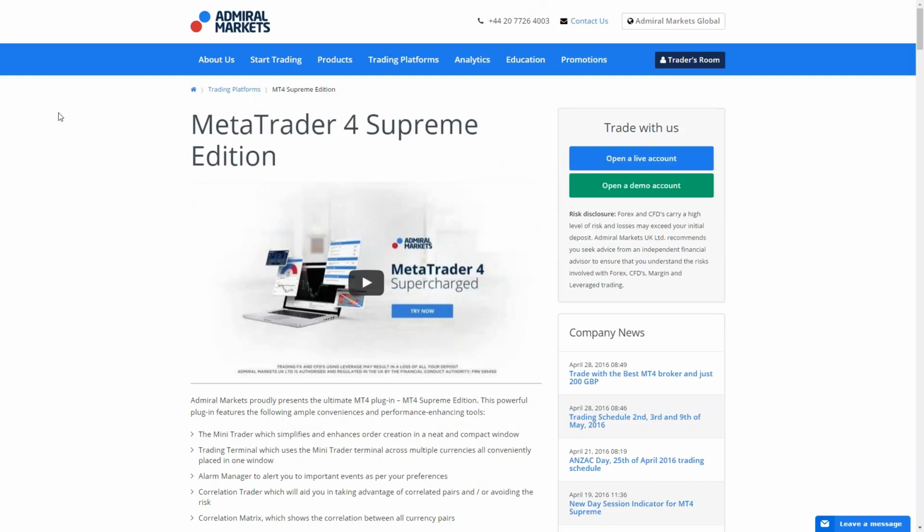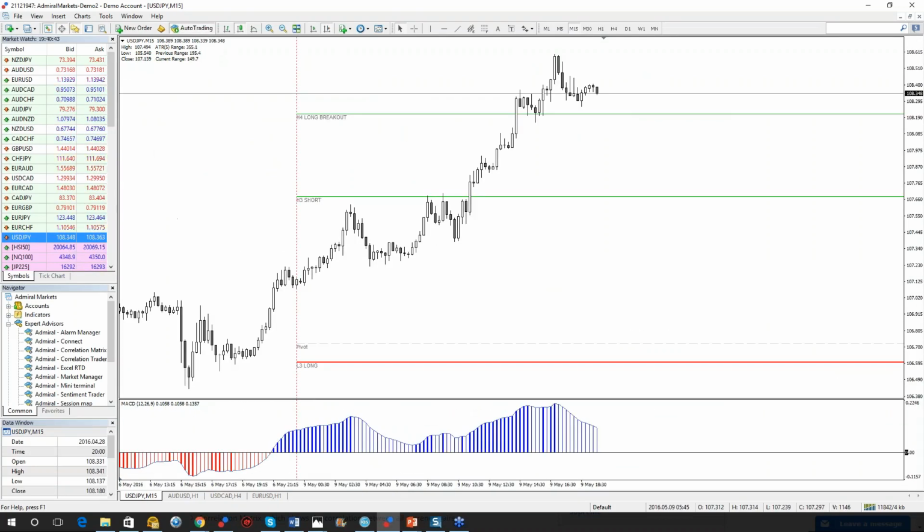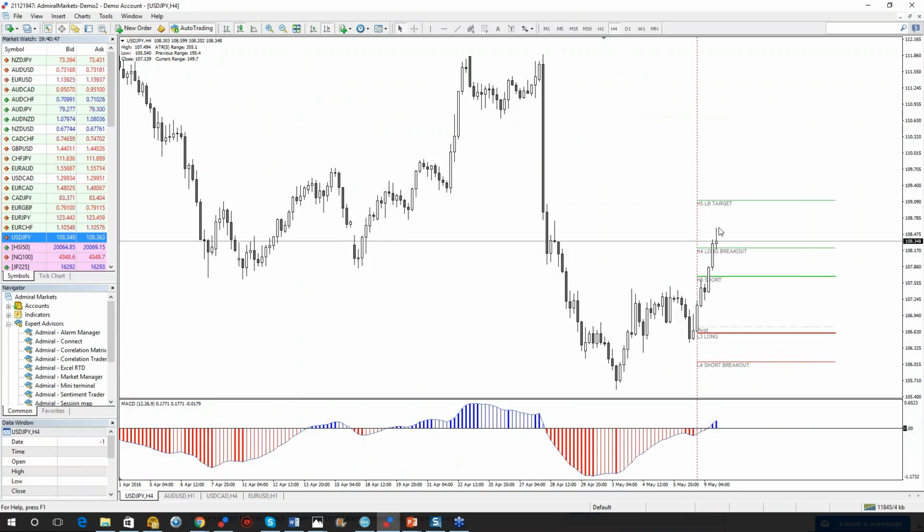Okay, next question, dollar yen. Yeah, I was looking at dollar yen today. I didn't find anything interesting besides the fact that it's also a correctional uptrend.